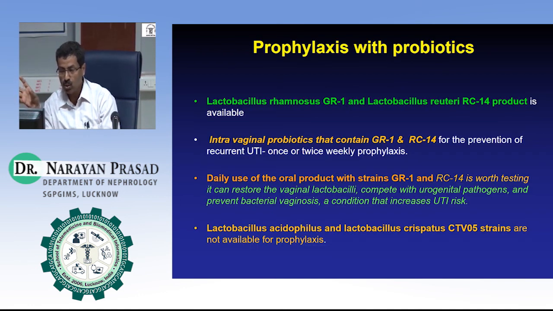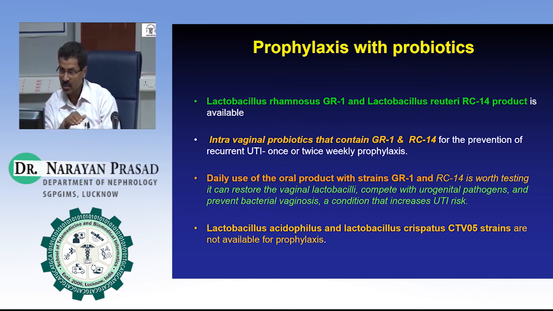There are two components of the cranberry. One is fructose, which inhibits adherence of type 1 fimbriated E. coli, and the other is proanthocyanidins, which inhibit the adherence of P-fimbriated E. coli. So it acts in many ways.